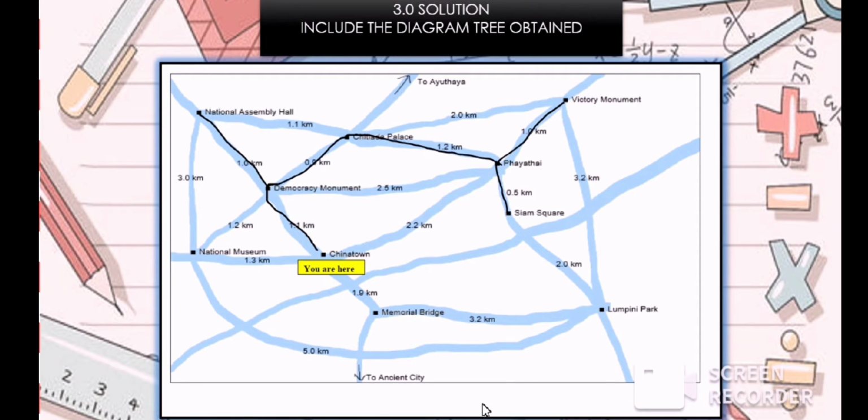The seventh edge is National Museum to Democracy Monument. The weight is 1.2 km. The eighth edge is Chinatown to Memorial Bridge, which the weight is 1.9 km. The last edge is Siam Square to Lumpini Park, which the weight is 2.0 km.